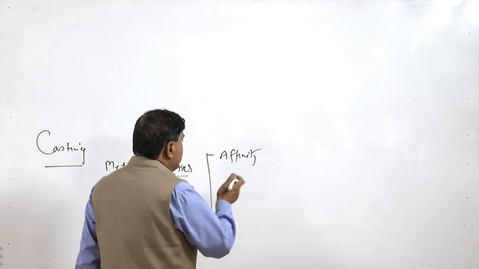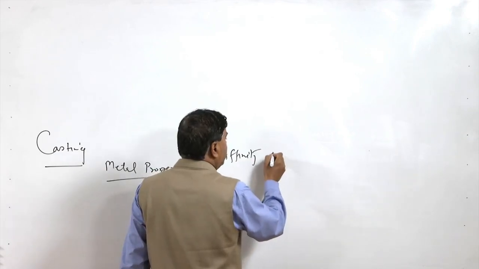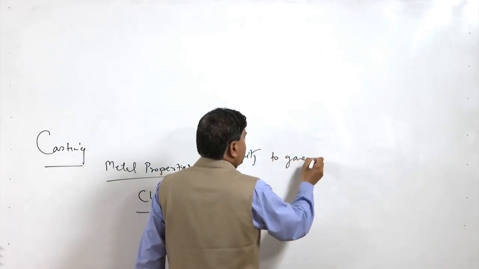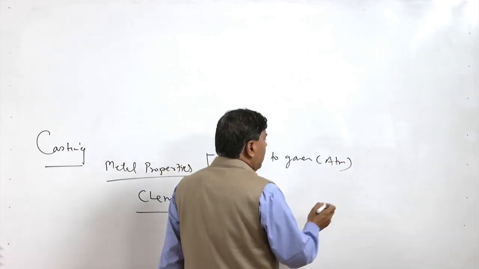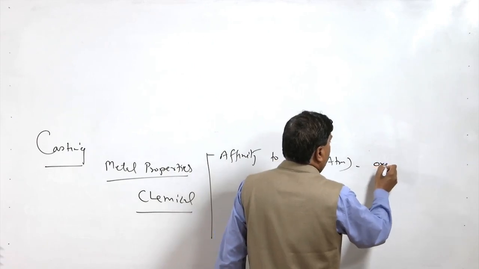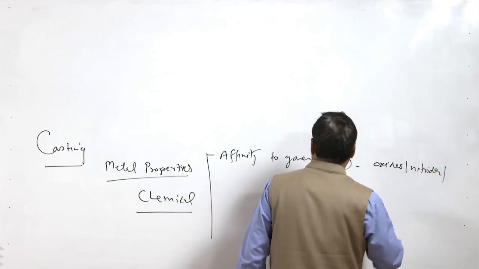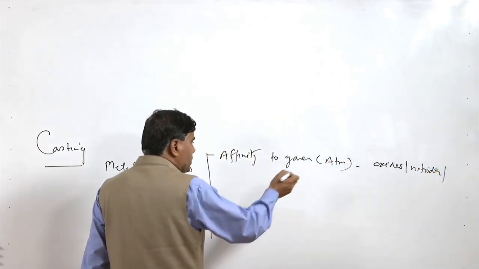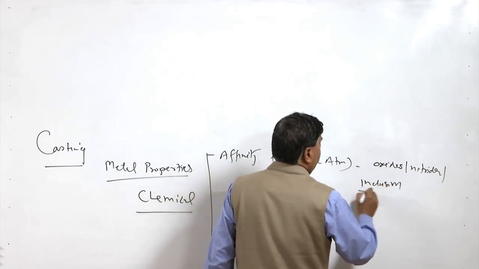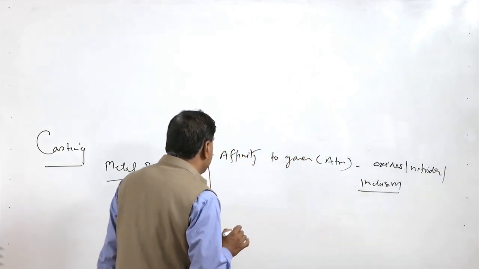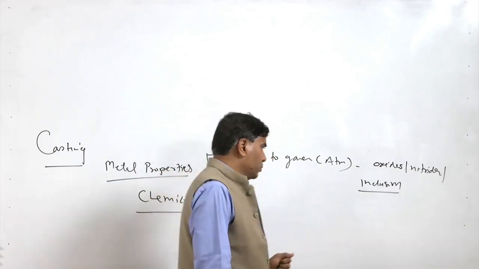So, with the increase in temperature up to the molten state, if the metal has high affinity to gases like atmospheric gases, then it will have a tendency to form oxides or nitrides etc. These will be present as inclusions if not removed, filtered or taken care of properly. So, greater is the affinity, greater will be the tendency for formation of inclusions.